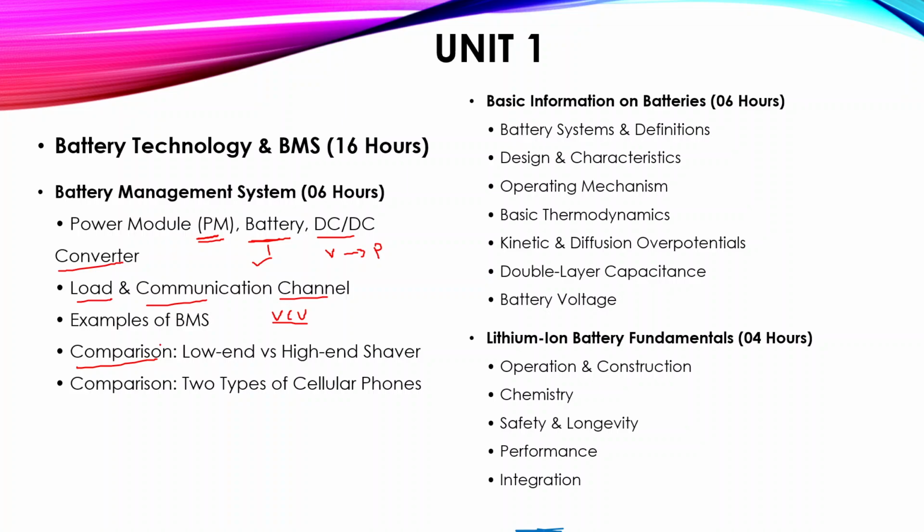In low end devices like an electric shaver, the BMS is very simple, where it mainly prevents overcharging and deep discharge, OC and DD. So in low end systems, the BMS only controls OC and DD.